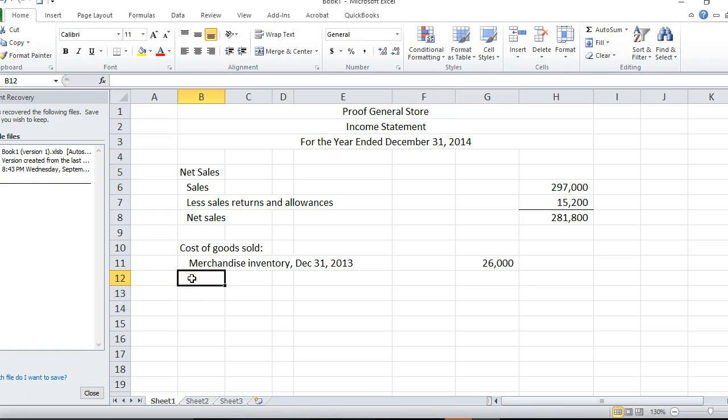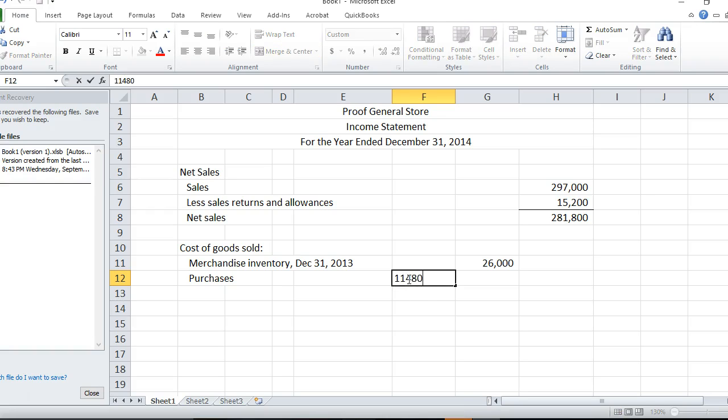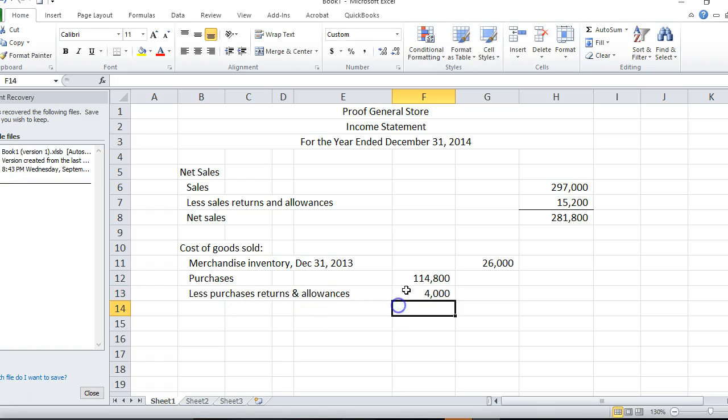Okay? Then we add to that our purchases. How much were our purchases during the year? $114,800. Then we have to subtract less purchases, returns, and allowances of how much? $4,000.